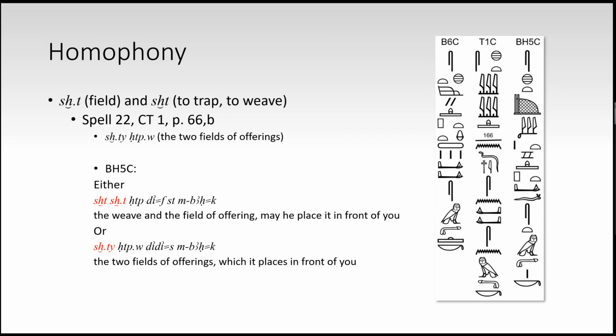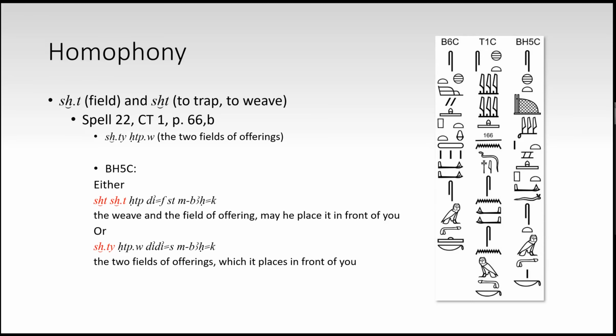But in B6C, yeah, they wrote it as if it was the verb to trap, but it's still clearly sechti hetepu. So in this case, I think this is more a joke of the scribe, especially because this does not happen anywhere else with this, for either to trap or for field. So this looks to me rather intentional.